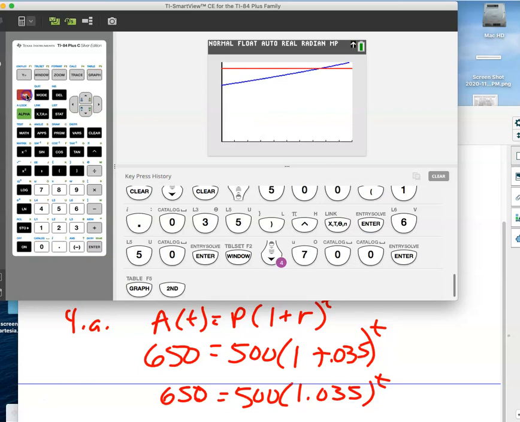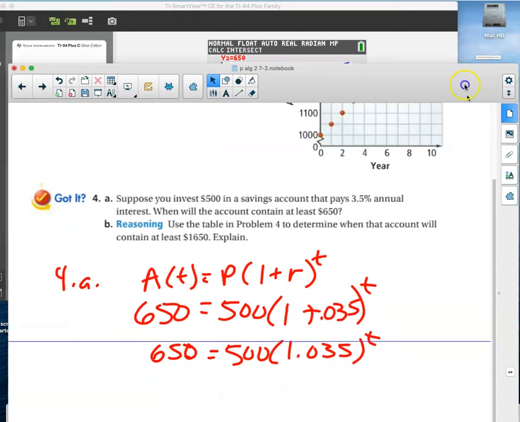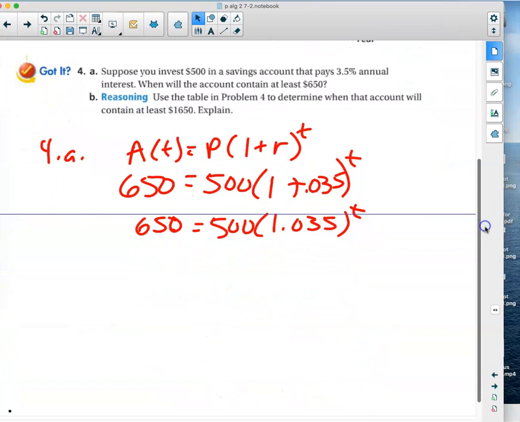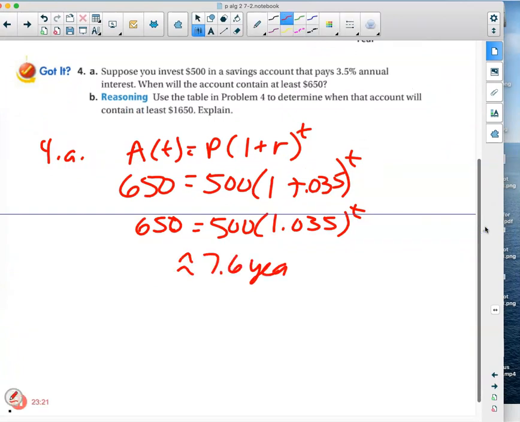So, Blinky, let us know. About 7.6 years, Blinky says. So we write 8 years. So we remember, yeah, you have to wait until the end of the year to get your money.